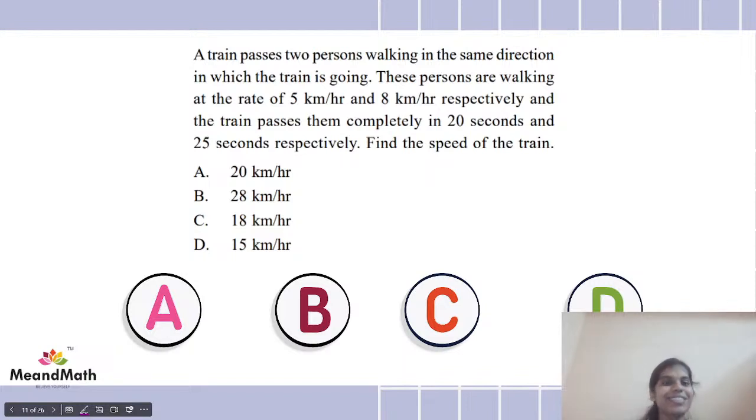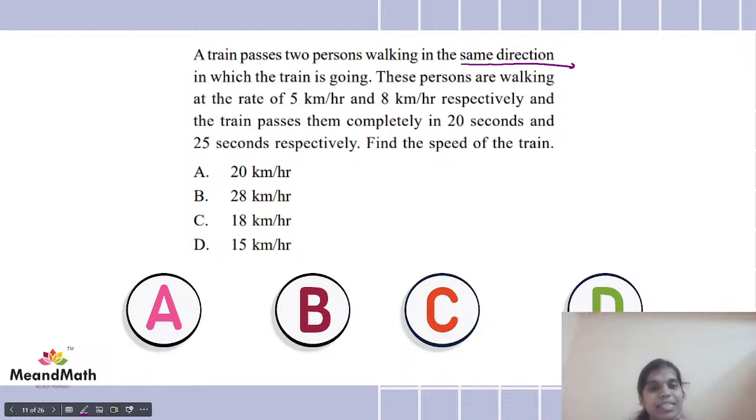Again a train question. A train passes two persons walking in the same direction in which the train is going. Again we are discussing the same direction.